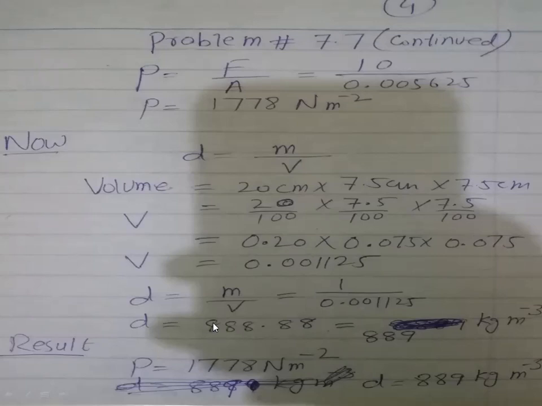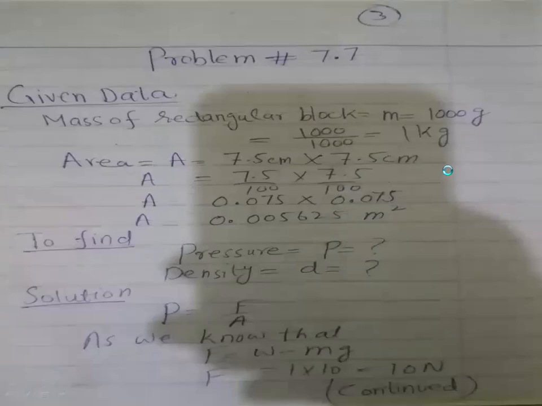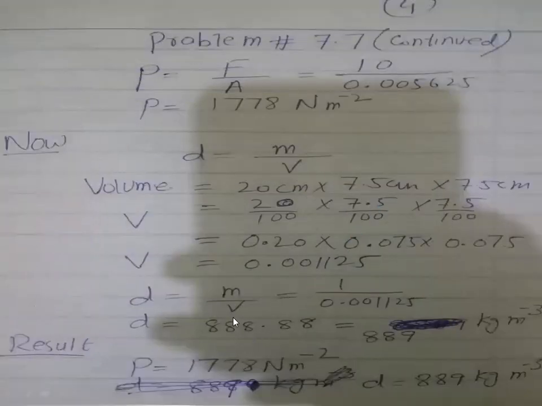So the density formula is mass per unit volume, and I found previously that mass is 1 kilogram, and volume I just found here, 0.001125. If you substitute these two values, mass and volume, and divide 1 by 0.001125, you will get 888.85.